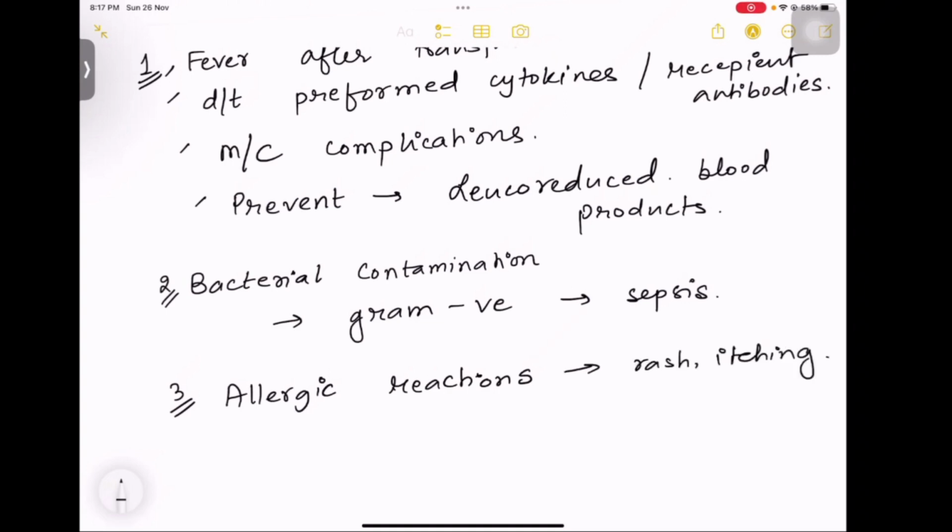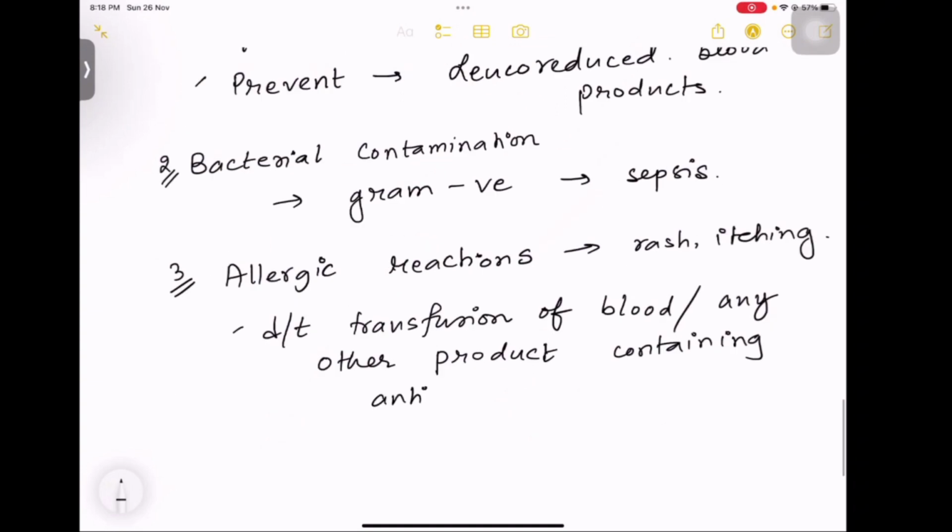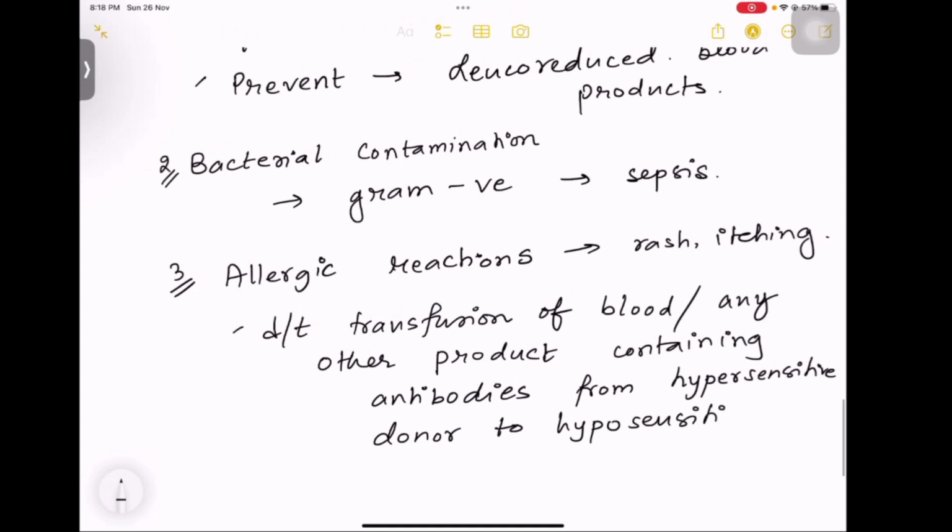Second, non-hemolytic transfusion reaction can present with bacterial contamination, and this bacteria is usually a gram-negative bacteria which can cause sepsis. And third problem that occurs in non-hemolytic transfusion reaction are the allergic reactions which will be presented as rash or itching due to the transfusion of blood or any products which contain antibodies from the donor, or from a hypersensitive donor to a less sensitive or hyposensitive recipient.